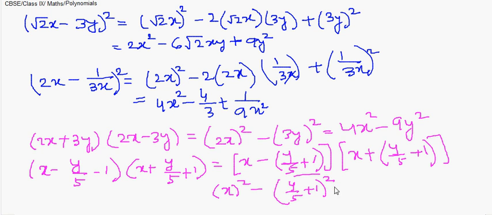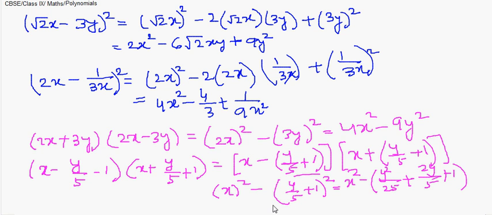So that is x square, and if I expand this 5 by y by 5 plus 1, so it will be x square minus of y square by 25, that is x square plus 2x, so it is 2y by 5 and 1.